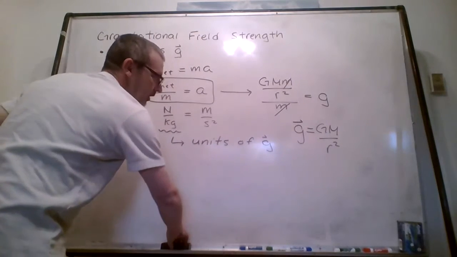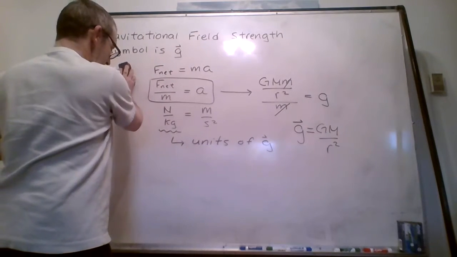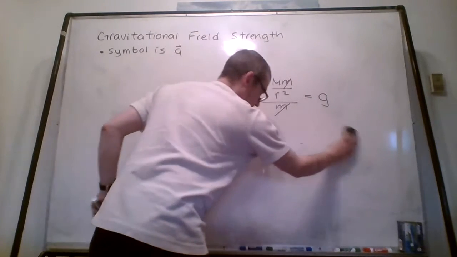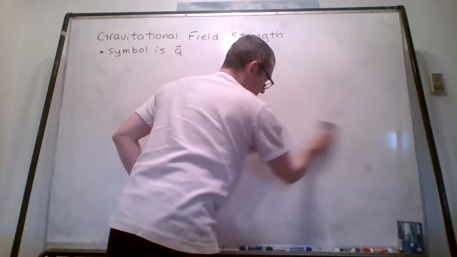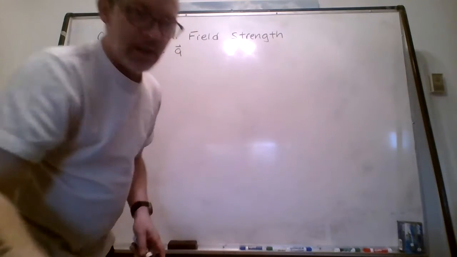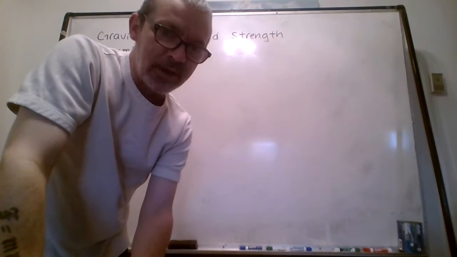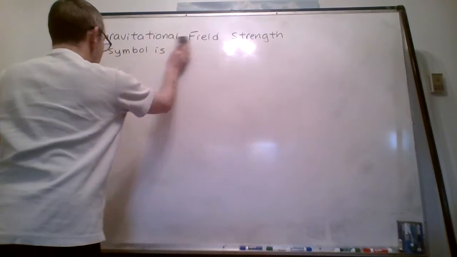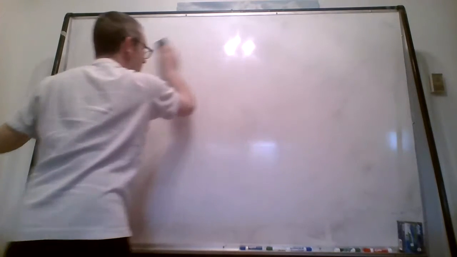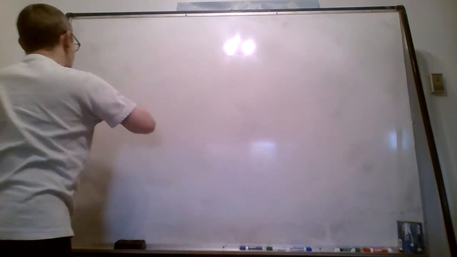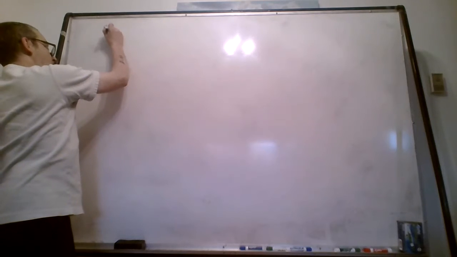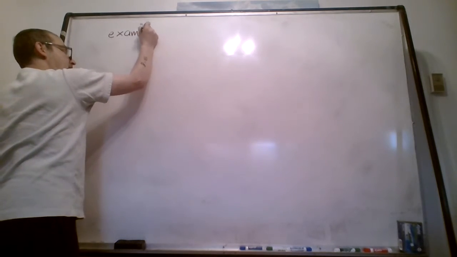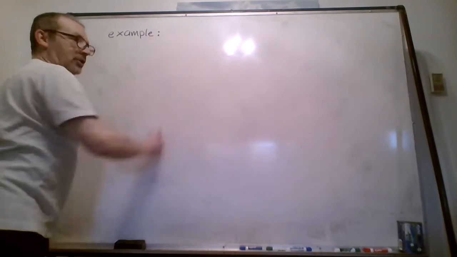I'm just going to go through one quick example, and then that'll be it. Again, as I mentioned in the last video, these questions are calculator ugly, with big numbers. So the question we'll do simply is to find the gravitational field strength at the location of the International Space Station.